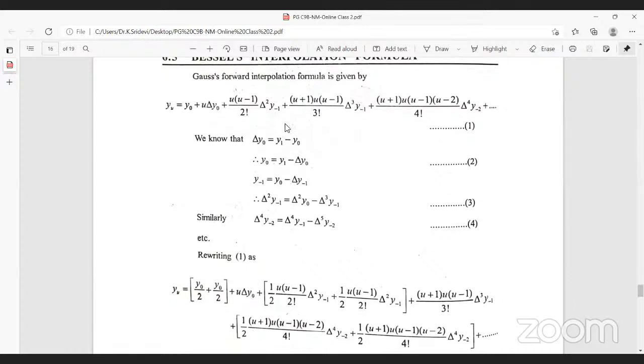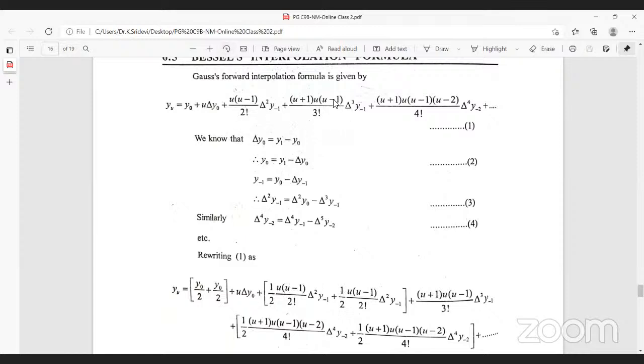And if you take the third term, you can write this one plus this one by 2. The value cannot be changed. So if you simplify this one, you will get this one only.